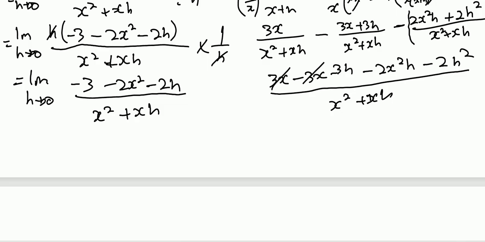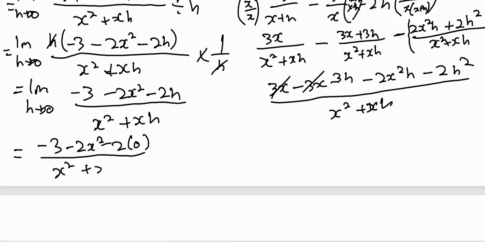We can simplify further, and we can see that if we substitute 0 for h, we won't get an undefined solution. So we can now substitute. When we substitute, we are going to have what? Minus 3 minus 2x squared minus 2 into 0 all over x squared plus x into 0, which is what?